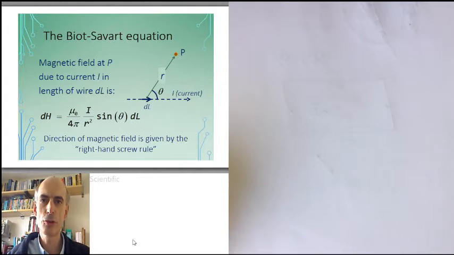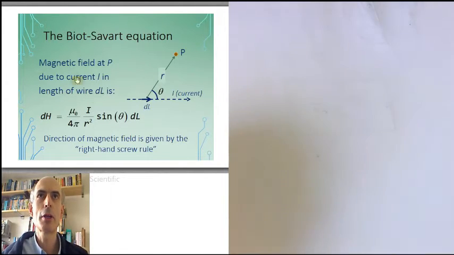This effect was quantified by Jean-Baptiste Biot and Félix Savart and has become known as the Biot-Savart equation.